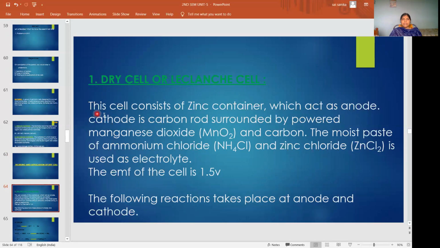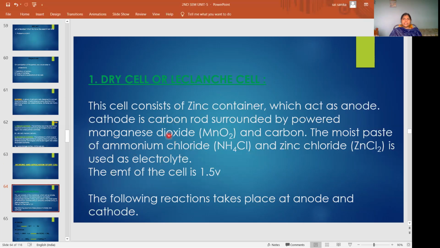This cell consists of a zinc container which acts as the anode. The cathode is a carbon rod surrounded by powdered manganese dioxide and carbon. The moist paste of ammonium chloride and zinc chloride is used as the electrolyte. The EMF of the cell is 1.5 volts.